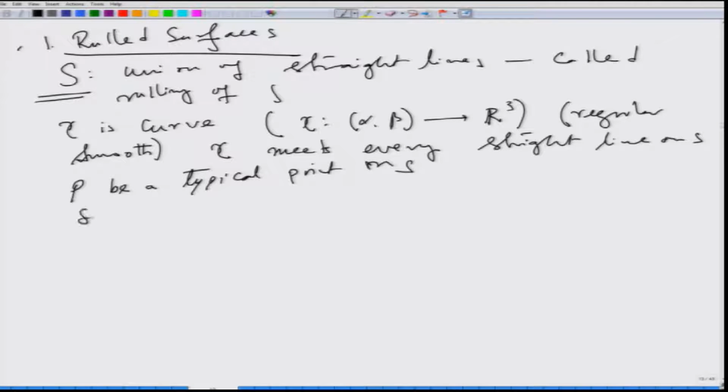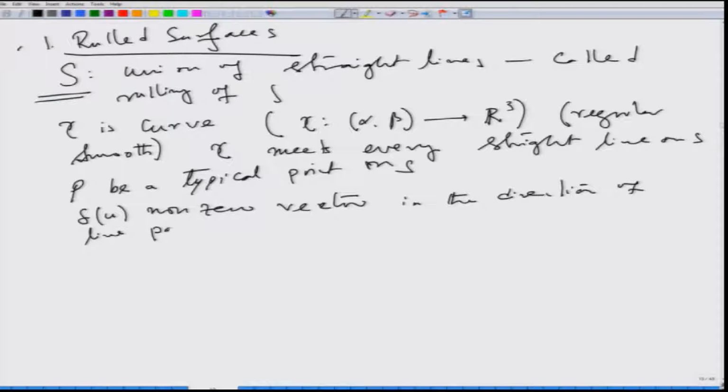That is, delta u is a non-zero vector in the direction of the line passing through gamma u.